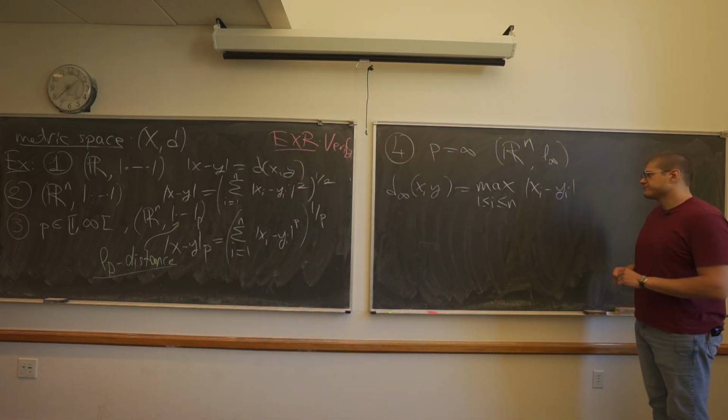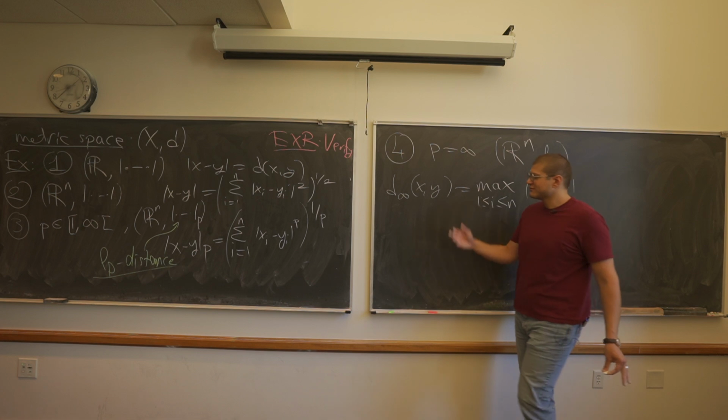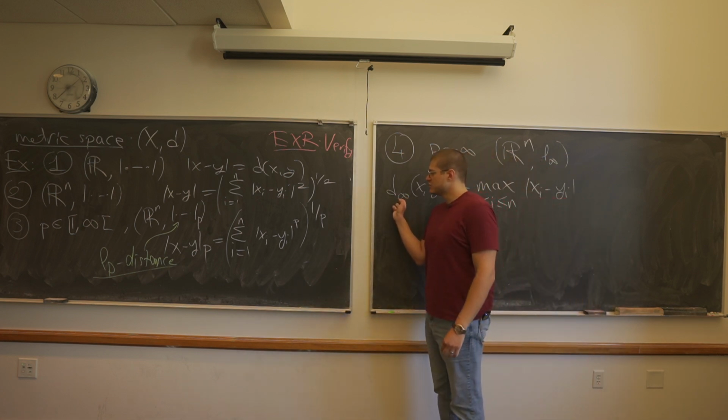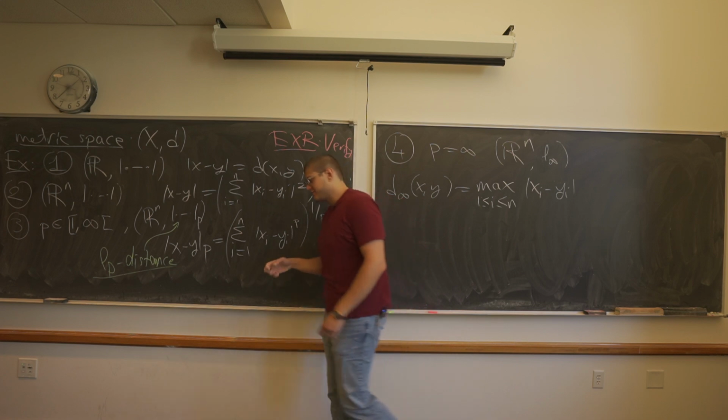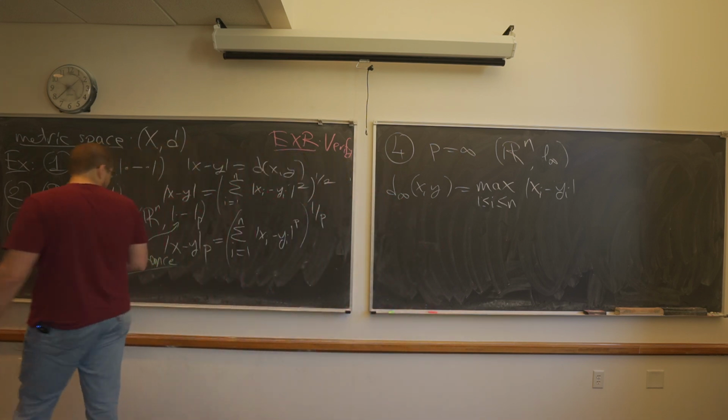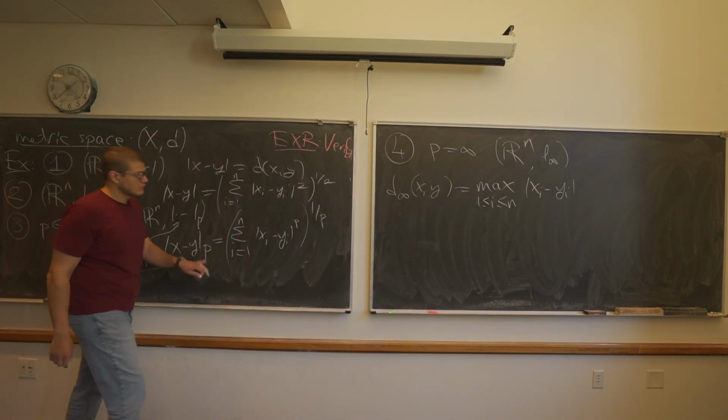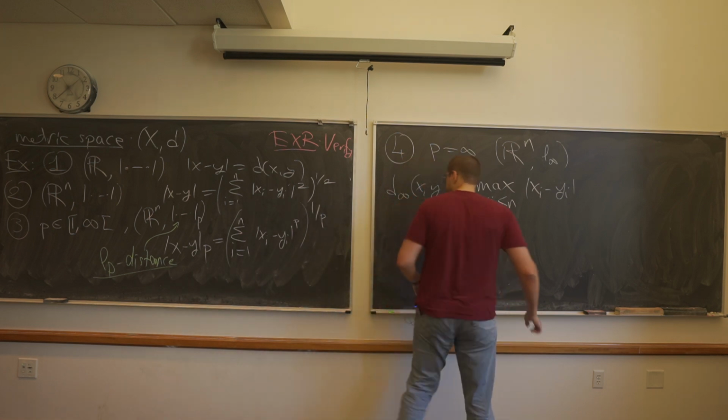Here's an exercise. So, okay, let me say it like this. One way to make sense of this infinity is, of course, to realize that it should be a limit. And that indeed turns out to be true. If you were to take the limit as p goes to infinity, you get this.